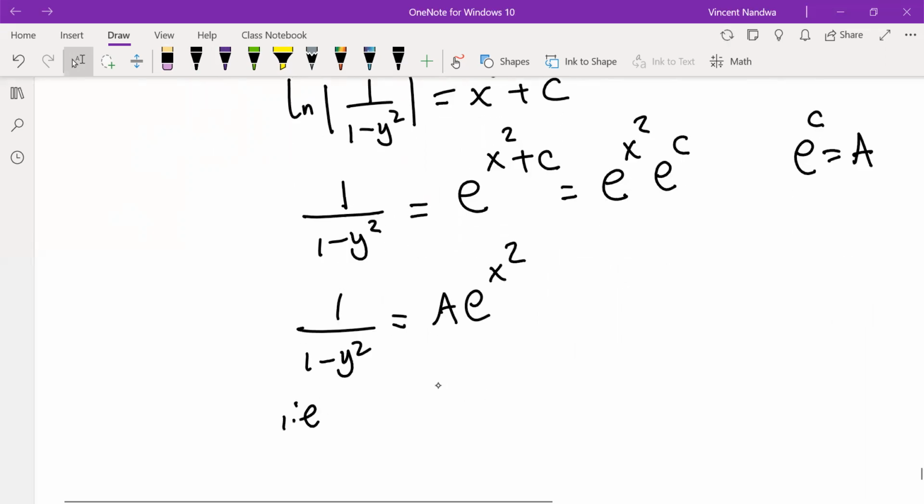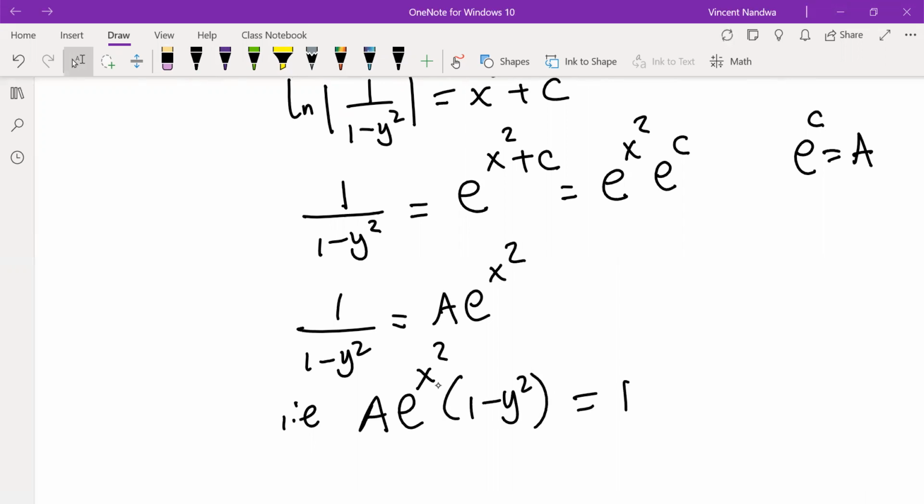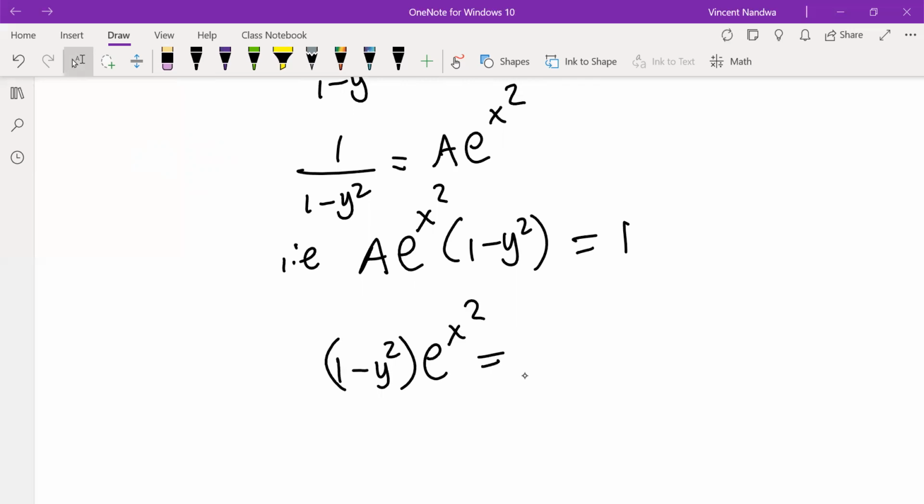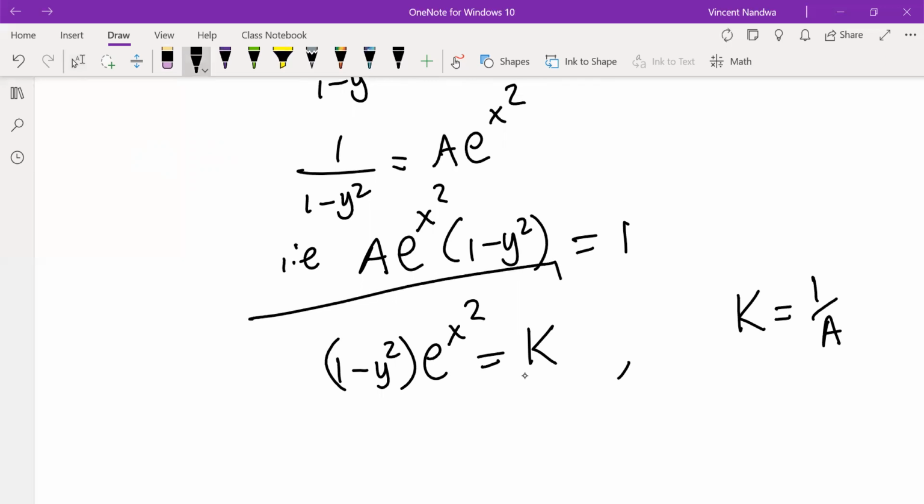Which is the same as saying 1 minus y squared times e to the power x squared equals, say, k, where k is 1 over a. So this is the solution to the given differential equation.